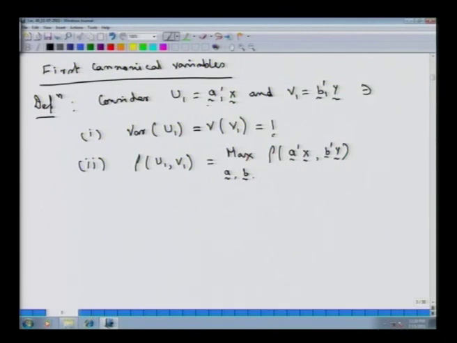So, if we have u1 and v1 such that these two conditions are satisfied, then u1, v1 is called the first pair of canonical variables.